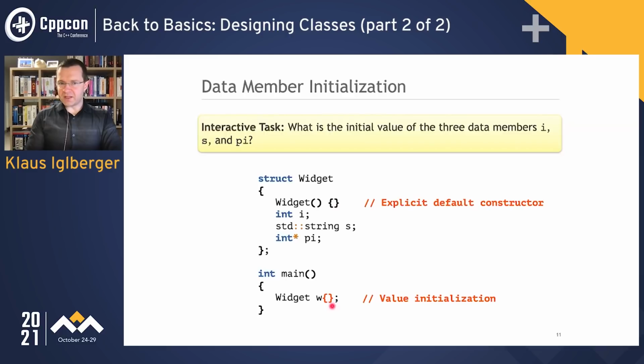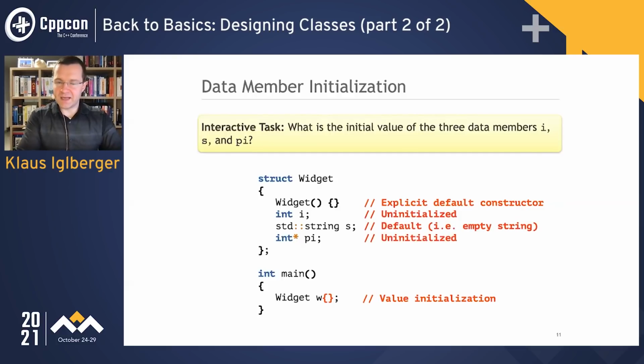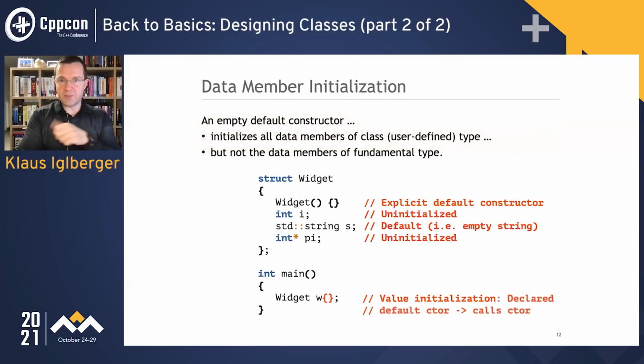Now, despite the fact that we use value initialization, suddenly the integer is again uninitialized, the string is still initialized, and the pointer is again uninitialized. Very unfortunate, but kind of expected. You have now taken the responsibility to write that default constructor yourself, but it doesn't do anything. The default of this default constructor is just not to initialize fundamental types, but only the data members of class type. So in other words, we're back to where we started, but just because we didn't do things properly.